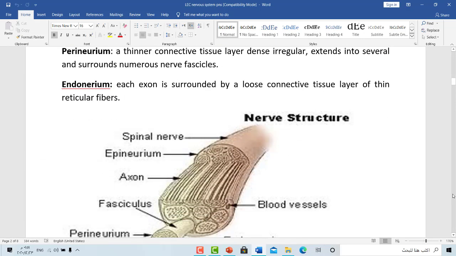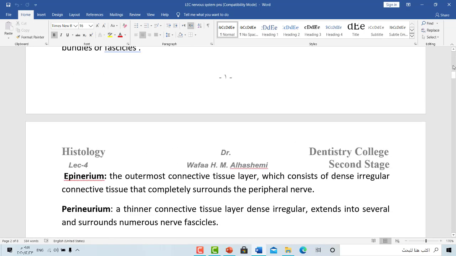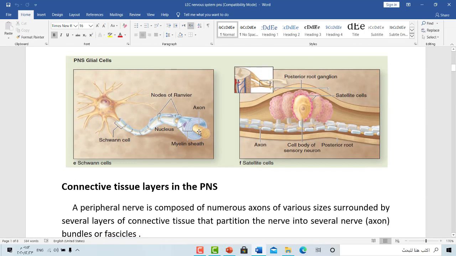Now the connective tissue layers around the nerve fiber. The nerve fiber is the axon surrounded by the Schwann cell, and around it is the endoneurium.